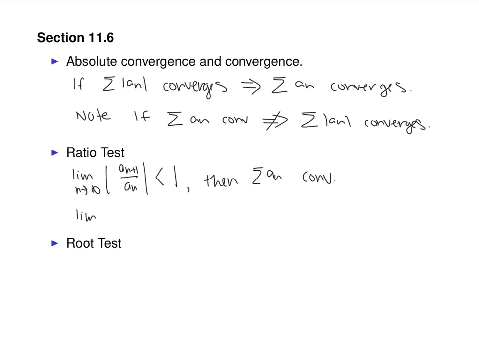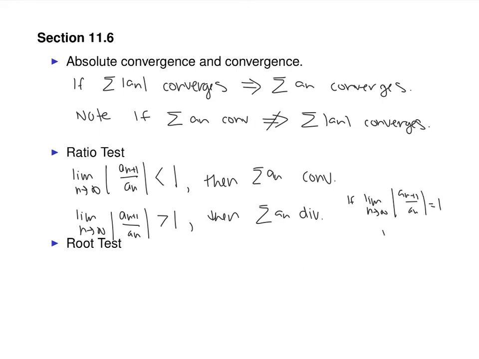If that limit is greater than 1, then your series diverges. If the limit is equal to 1, then the test is inconclusive.